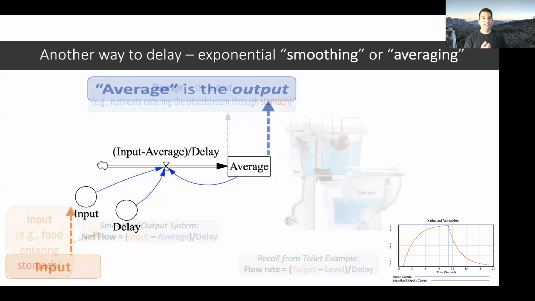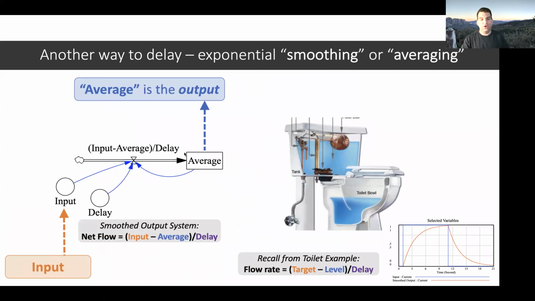And like I said, this is identical to what you've already seen in the toilet flow example. In that case, remember that we had a target minus the level divided by a delay. In your homework example, we just assumed the delay was 1 second, and so this denominator wasn't there. But afterwards, we said, if we were simulating a slower toilet, we would use a longer delay here, so that the flow rate going into the toilet would be target minus level divided by a bigger number.